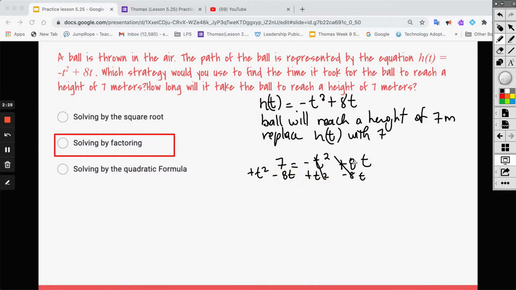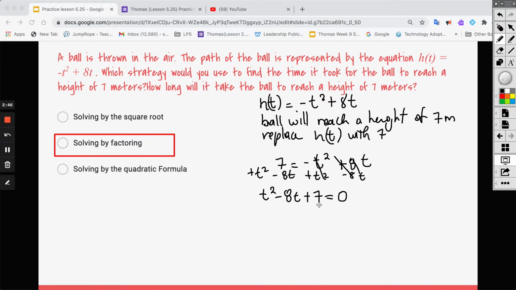So I have 0 on my right side. So if that is the case, I'm going to end up with t squared minus 8t plus 7 is equal to 0. When I look at this expression, I know that this is a factorable equation.